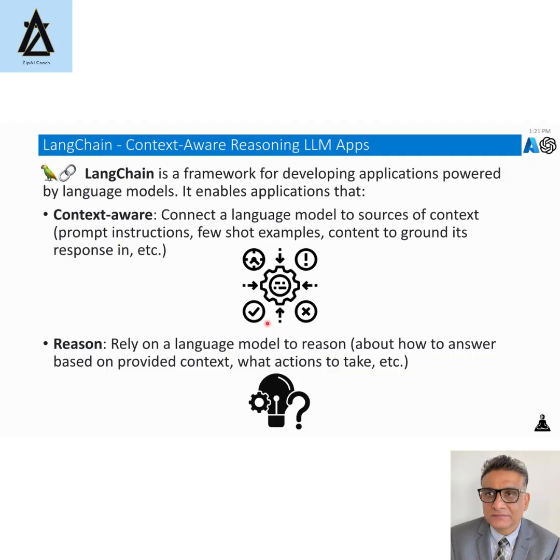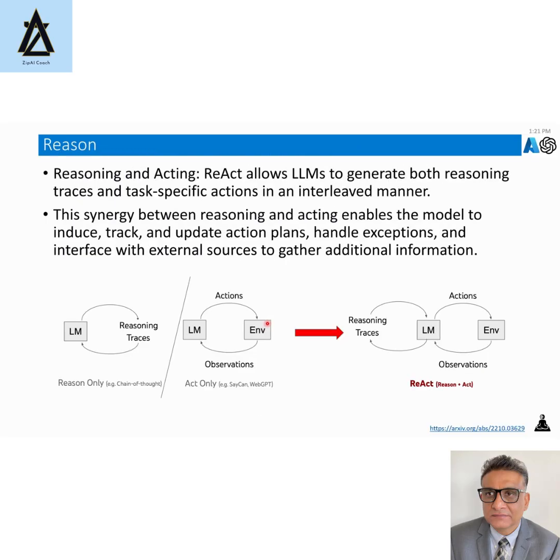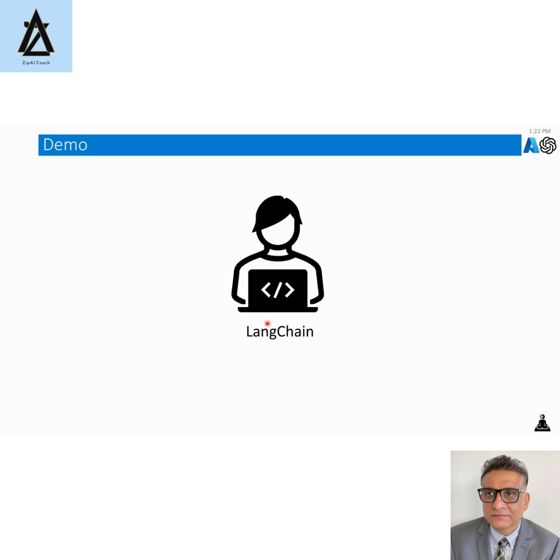I'm going to give you a view of multiple frameworks and also help you understand that they're conceptually very similar. One of the most popular frameworks for building agents is LangChain. And like I mentioned, it has reasoning capabilities, and it is called a ReAct framework, reasoning and action. And we'll see that in action.